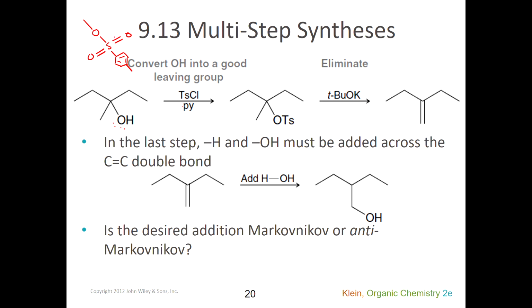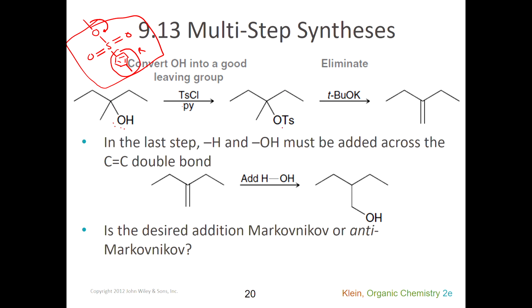The key thing here is that you've got an O with these two S=O double bonds and then some R group here. It could really be any R group here. Should work well in this situation. But if you just put Ts, that's implied this whole thing is a Ts. So this makes a great leaving group, because if it leaves and pulls electrons with it, the negative charge will be stabilized through resonance over all three oxygens.